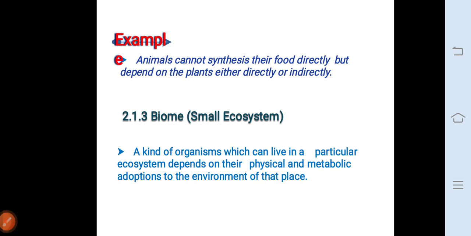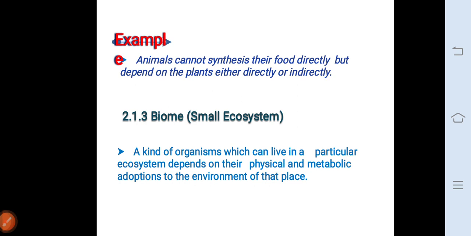So, next, types of ecosystem. An ecosystem can be classified into two types. One is the natural ecosystem, the second one is the artificial or man-made ecosystem. The natural ecosystem can be further classified into two types. One is the terrestrial ecosystem, the second one is the aquatic ecosystem.